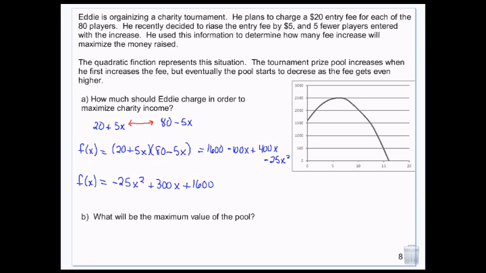To find the maximum, I first need to find the x value of the vertex. So I'm going to do negative 300 over 2 times negative 25. So that's going to be 300 divided by 50. So it's 6. So then to find the maximum, I'm going to plug 6 in here. So negative 25 times 6 squared plus 300 times 6 plus 1600.